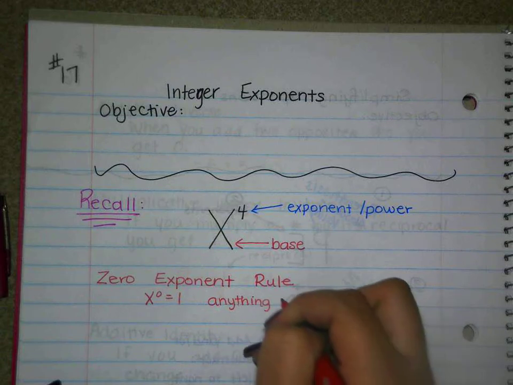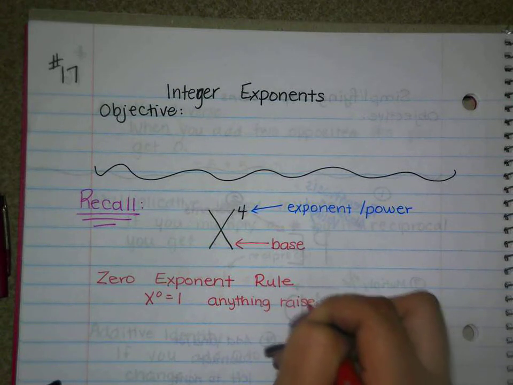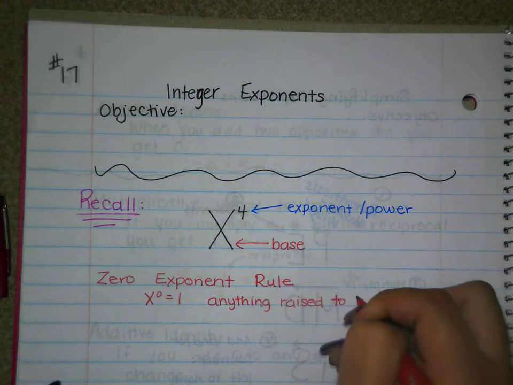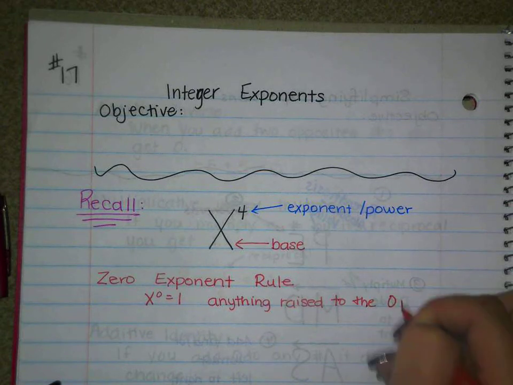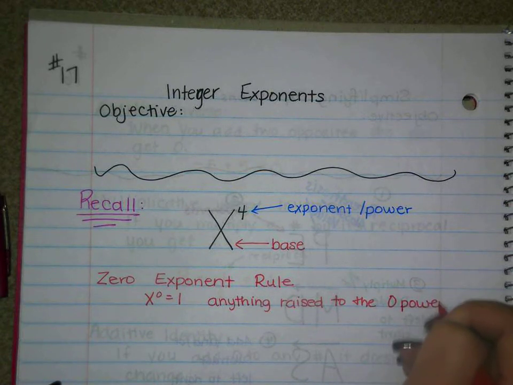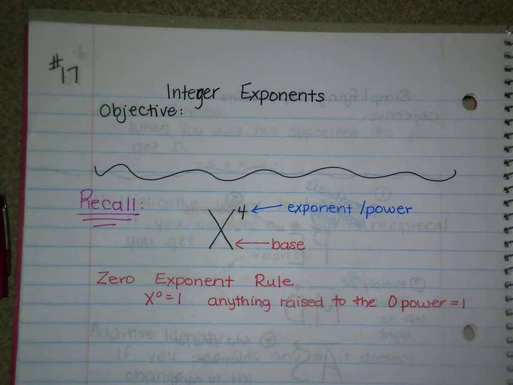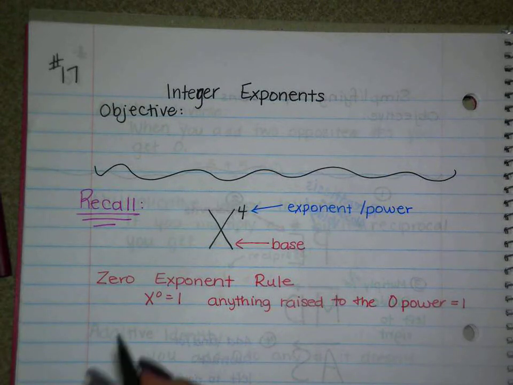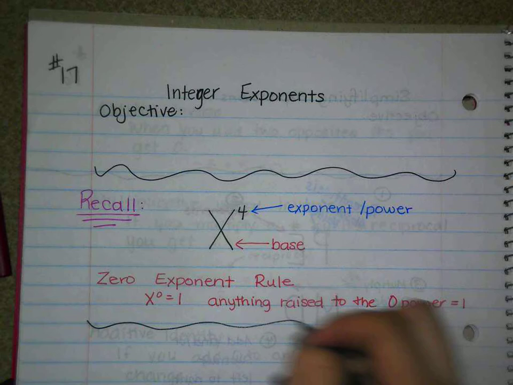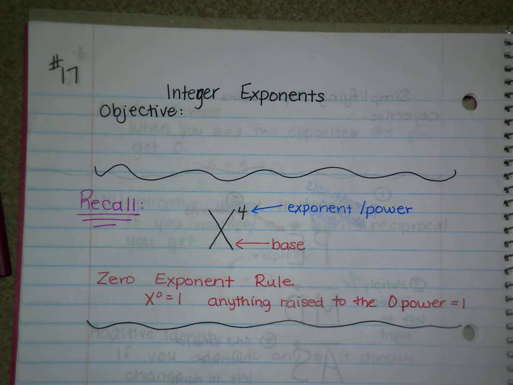Anything raised to the 0 power equals 1. Those are things that you need to remember during this section, because it kind of becomes important in this section. So we're going to put another squiggly line because that's all that we have for the recall section.